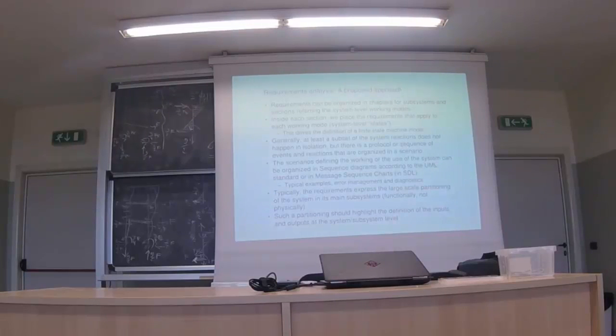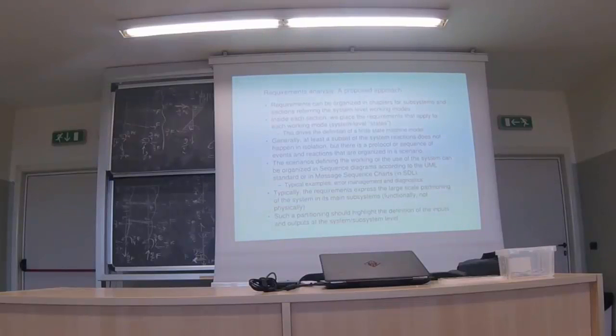Also, the requirements express the large-scale partitioning of our system. So in our system, we can partition from the memory requirement, the hardware requirement, the input, which are the sensors, the output, which can also be actuators, and so on. Be aware, functionally, not physically. So what is the input path without knowing which sensors are in there.